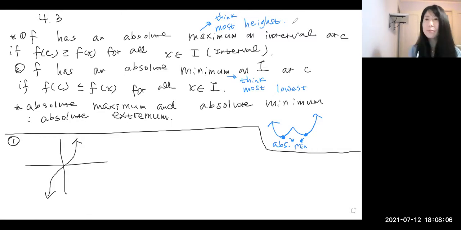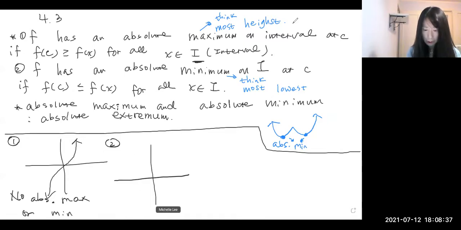What do you think? It cannot be positive infinity, it cannot be negative infinity, right? It must be in the interval, right? I don't think it has an absolute maximum then. Also, no absolute, let me denote it like this, or minimum. Okay, very good.